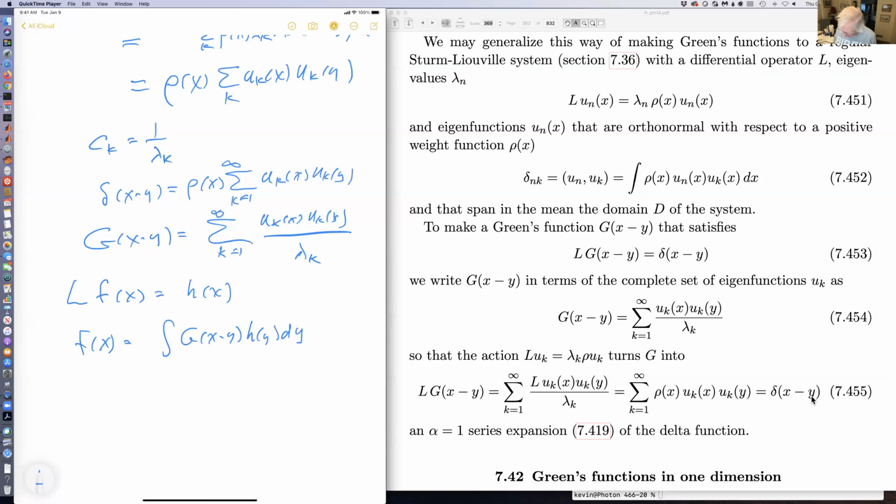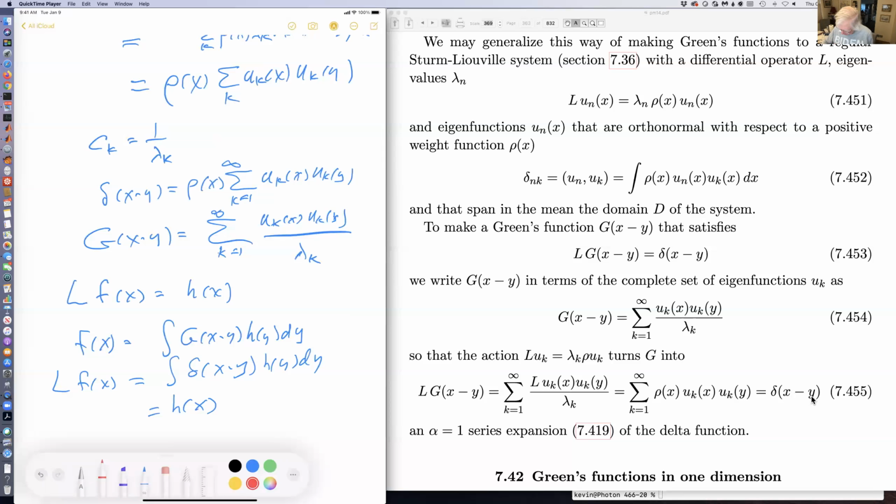And so then we have L on f of x is going to be the integral of delta of x minus y, h of y dy, and that then gives us h of x. So that's the solution, and the Green's function, let me switch colors, this Green's function is this thing here. So that's basically how that works.